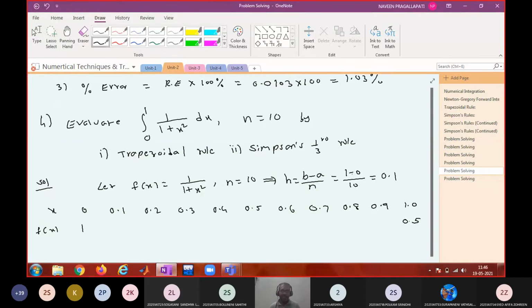Please tell me the remaining values using your calculator. Can you tell me quickly?